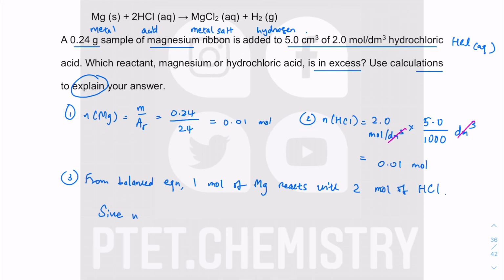Since we have 0.01 mole of magnesium, therefore the mole of HCl required. How much HCl is required? You need 2 times the mole of magnesium from the relationship above. So I am multiplying the mole of magnesium by 2. So I need 0.02 mole of the HCl.